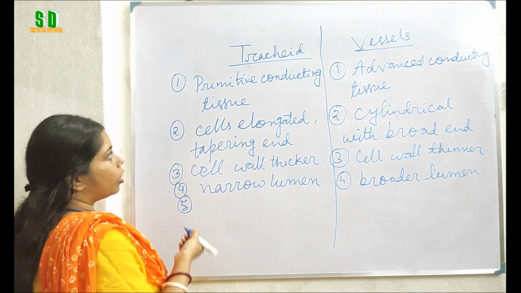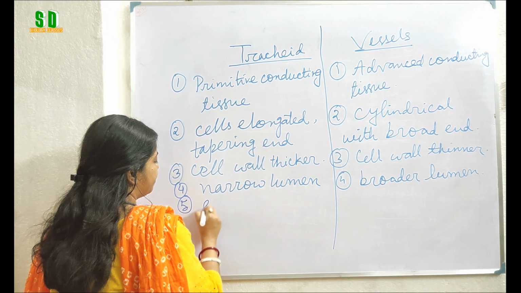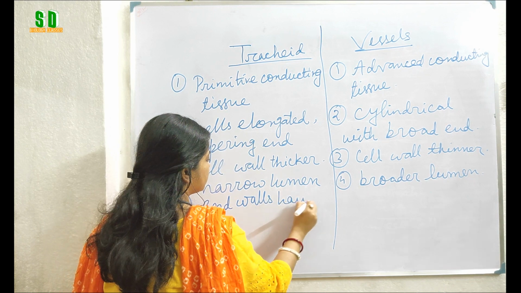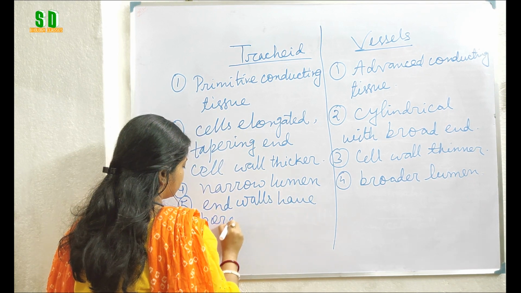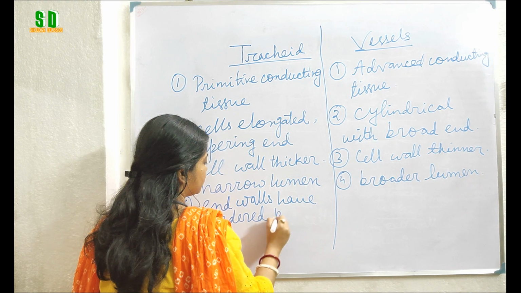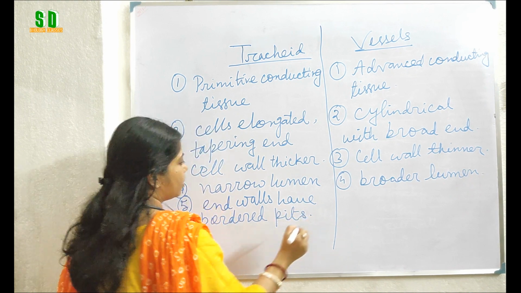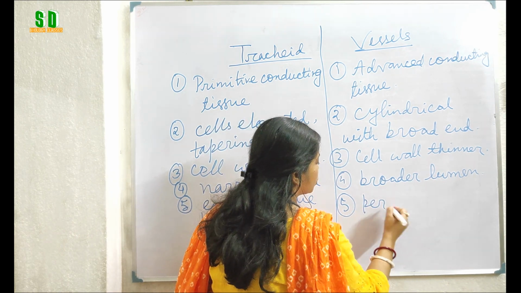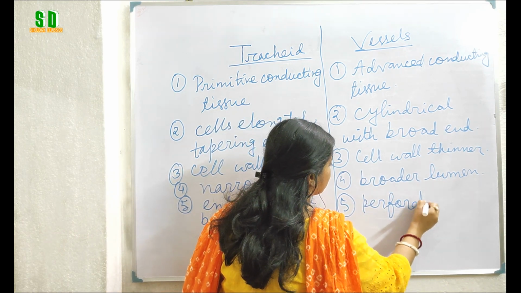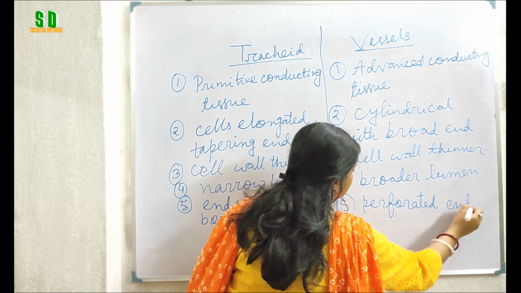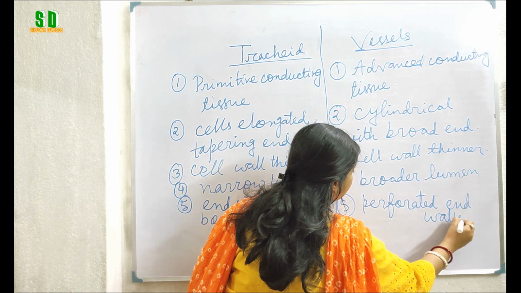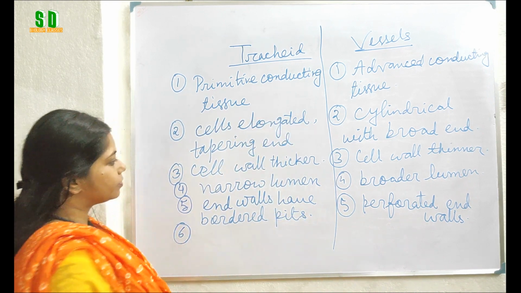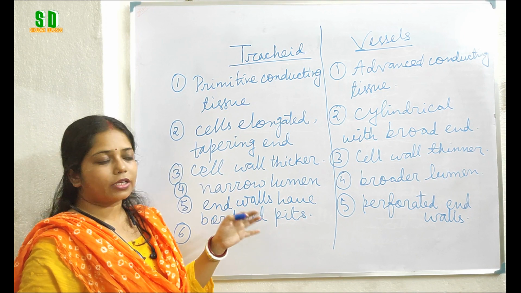The end walls of the trachea have bordered pits, whereas in the end wall of the vessels we get perforation, so it has a perforated end wall. Now where can we see the trachea and the vessels?